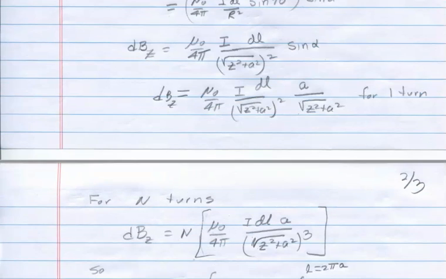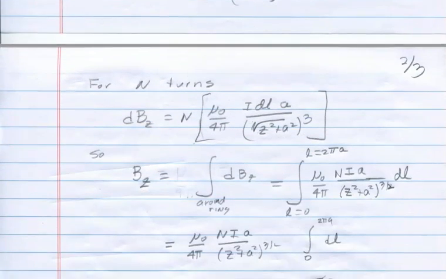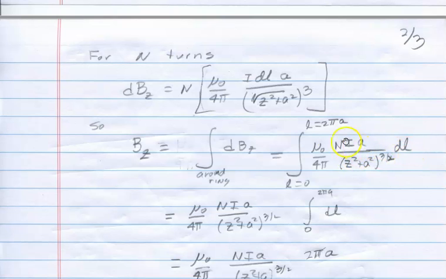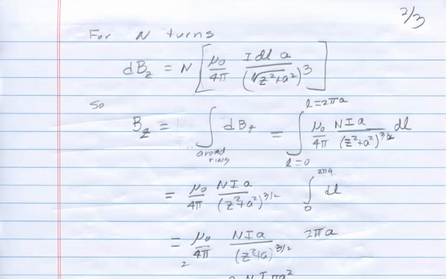Now this works very nicely because I can pull out all of this stuff because it's not changing as the dl vector changes. I'm not changing z, the radius doesn't change, I's not changing. All of these are constants, so I can pull them outside, and then it just is adding up all the dl's all the way around that ring, which is just the total length, which is just the circumference. And so the circumference of a circle of radius a is 2 pi a.